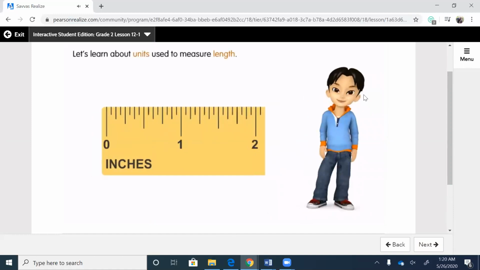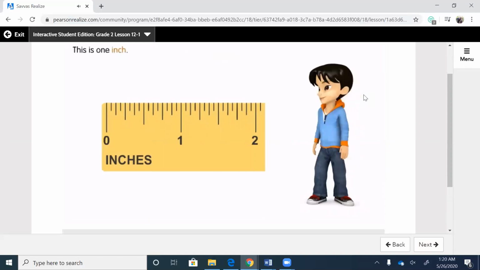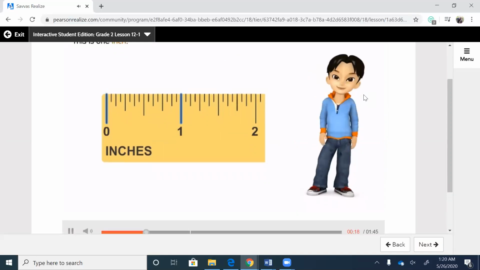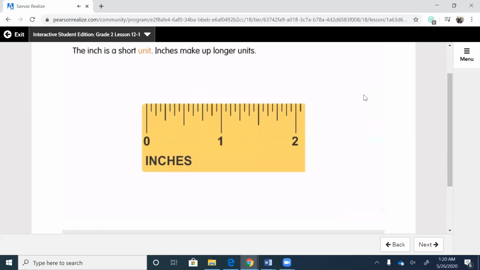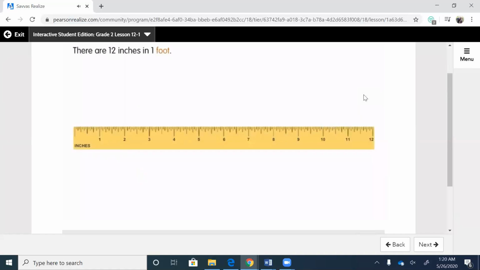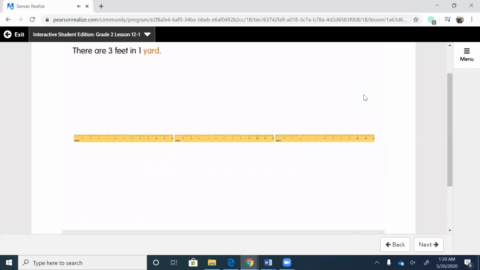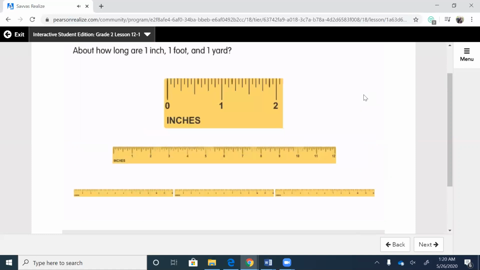Let's learn about units used to measure length. This is 1 inch. The inch is a short unit. Inches make up longer units. There are 12 inches in 1 foot. There are 3 feet in 1 yard. About how long are 1 inch, 1 foot, and 1 yard?